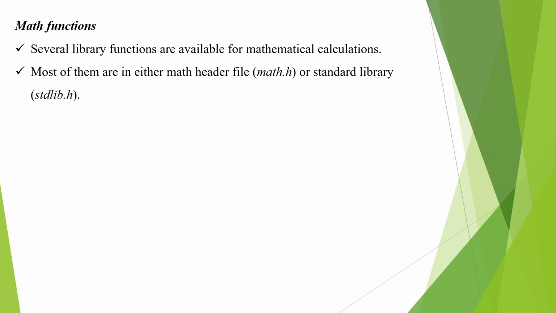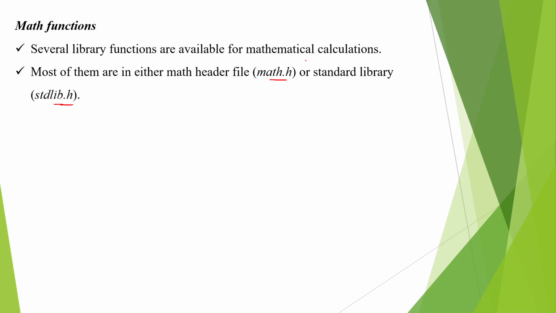We have thousands of header files, and discussing all of them is not possible. So we are discussing only two library files: one is math.h and the other is stdlib.h.